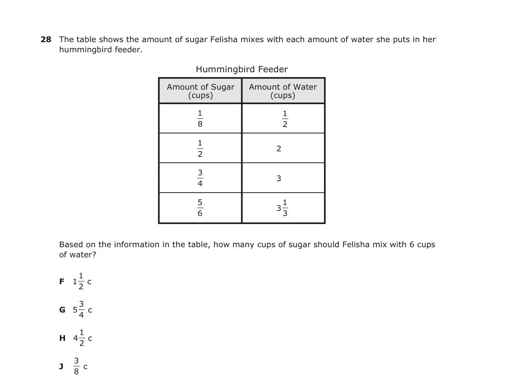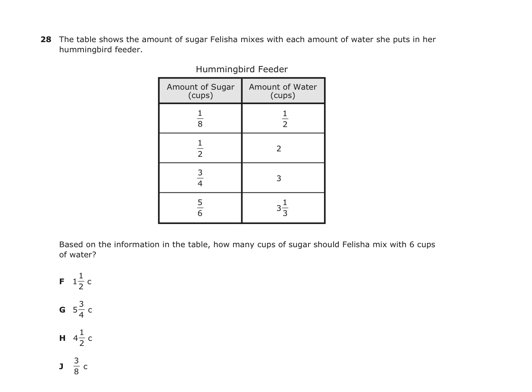The first one in part 3 is number 28. It says the table shows the amount of sugar Felicia mixes with each amount of water she puts in her hummingbird feeder. So she has 1/8 cup, and that's equal to 1/2 of water. 1/2 cup of sugar is 2 cups, and 3/4 is 3.